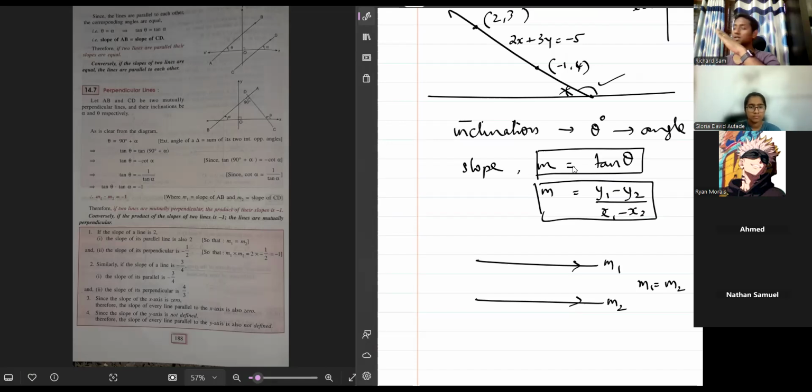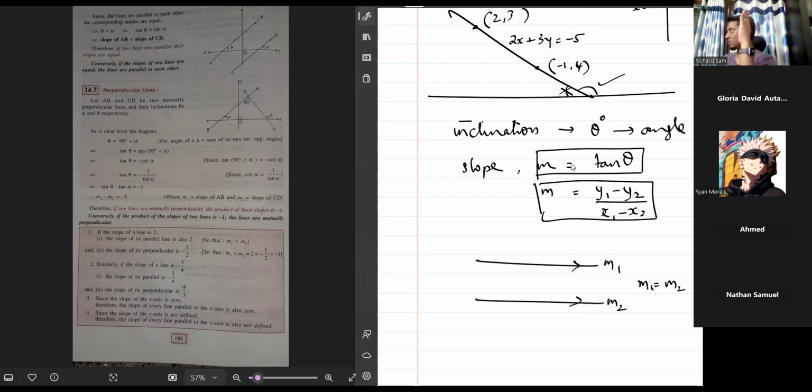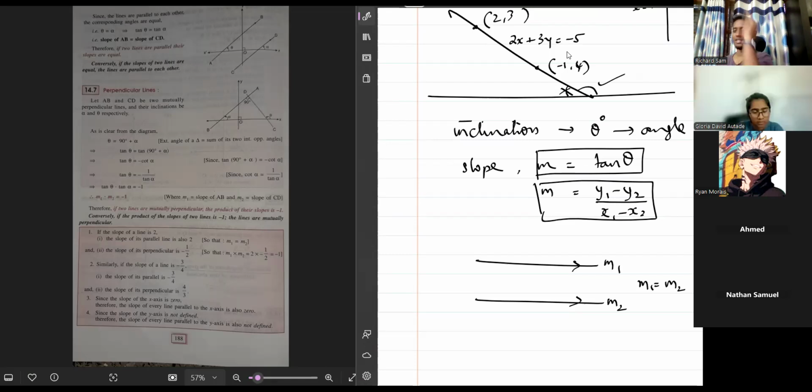Tan 45 is 1. And if theta is 90 degrees, the road is like this. Imagine you're driving a car on a road like this. What's the slope? Infinity. Tan 90 degrees is infinity. So the slope increases. This is 0, increases till 1 at 45 degrees, and 90 degrees infinity. So just keep those values in mind.